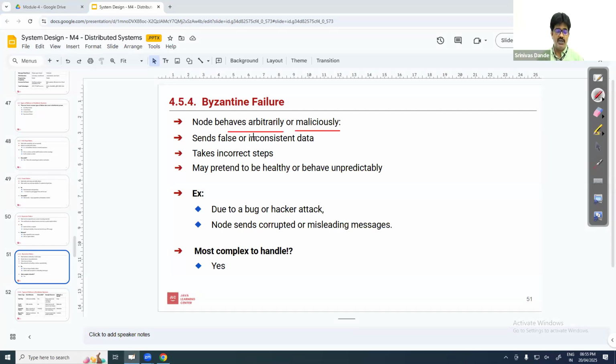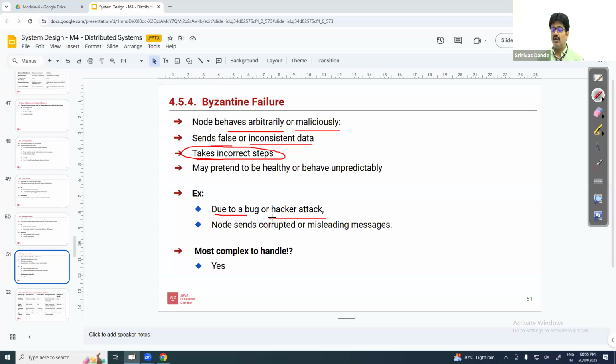arbitrarily, or maliciously. Means maybe it is working, the system is running, but maybe it is sending false data or inconsistent data, or it is doing the wrong steps, not doing as intended. Why? That may be due to some bug, or maybe a hacker attack.